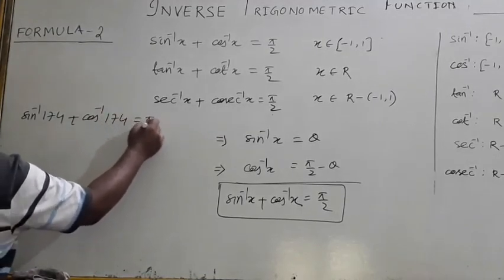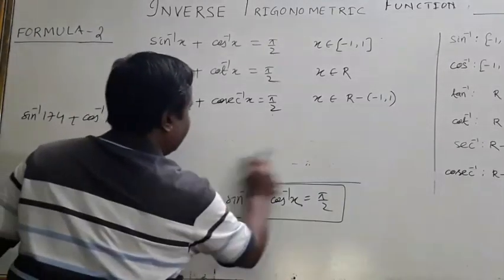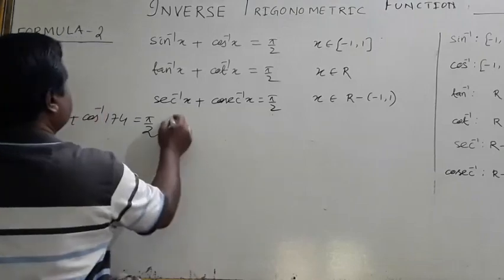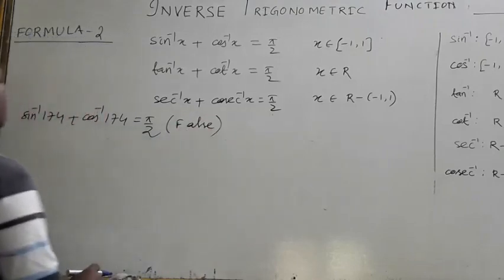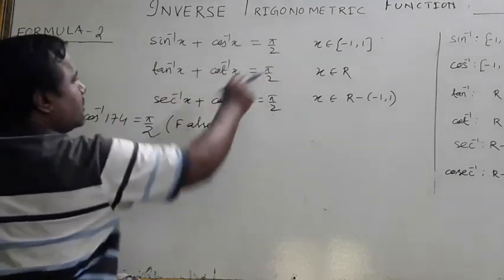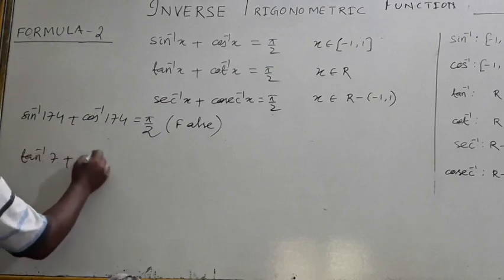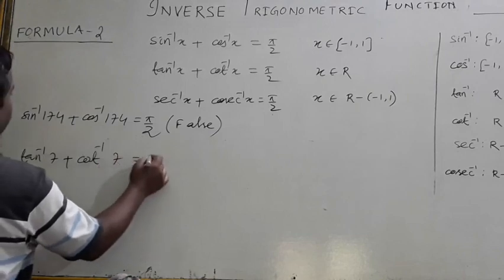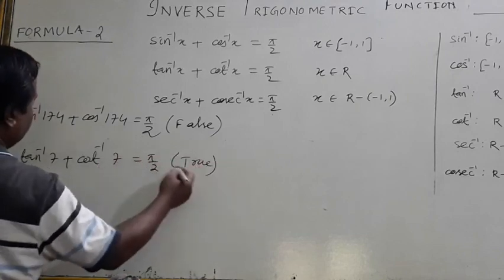Now in the exam a question comes like this: sin inverse 174 plus cos inverse 174 is equal to pi by 2. Is it true or false? Tell me. It is false, because this 174 does not lie between minus 1 to 1. If I tell you tan inverse 7 plus cot inverse 7 is equal to pi by 2, is it wrong or right? It is true, as it has no restriction.